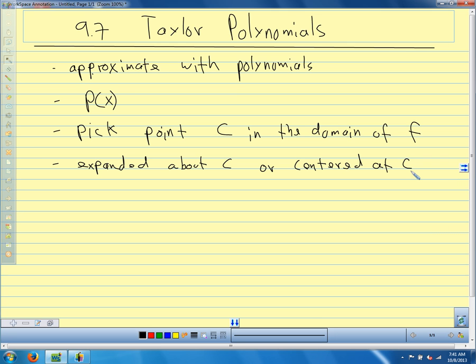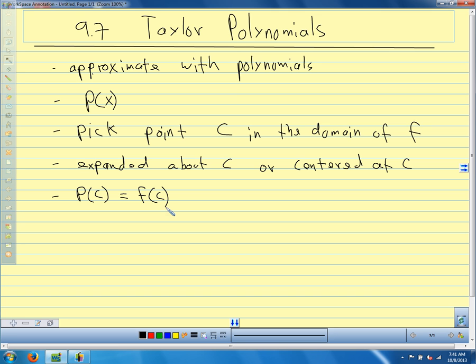So the procedure we're going to follow: we're going to make several requirements on this polynomial. Our first requirement is that our polynomial at C equals our function at C. We can think of these approximations as having a point on a particular function, and we see it at one particular time.